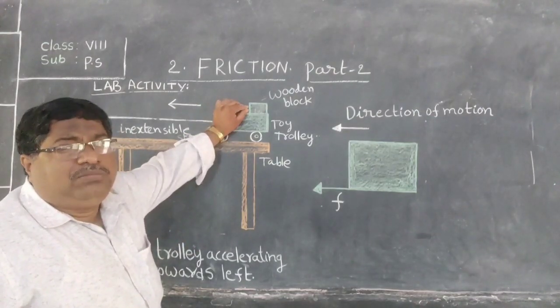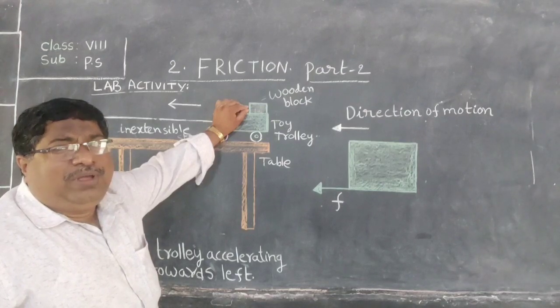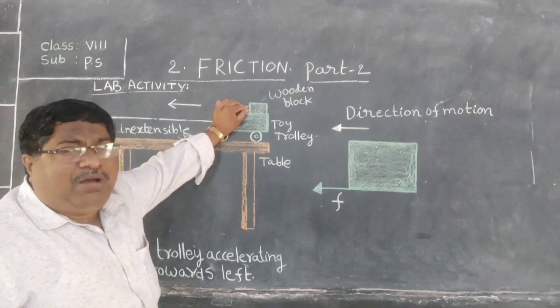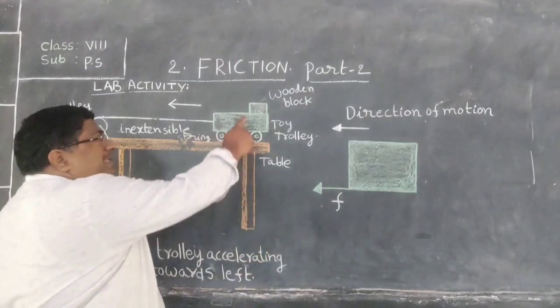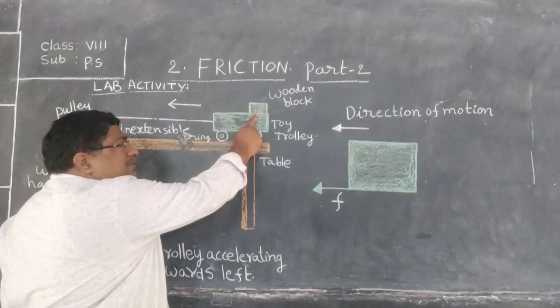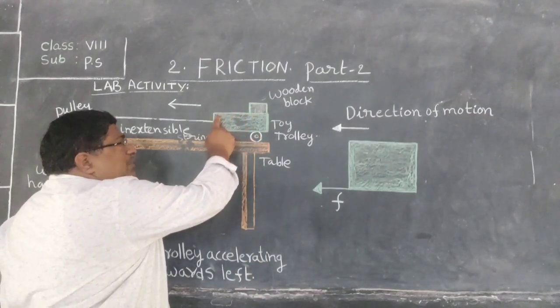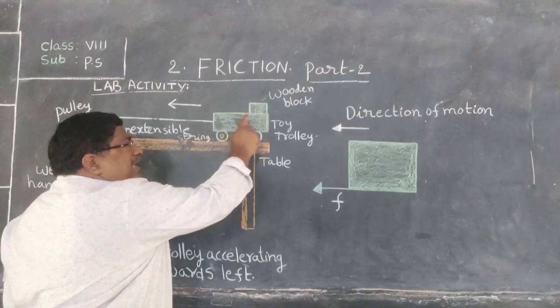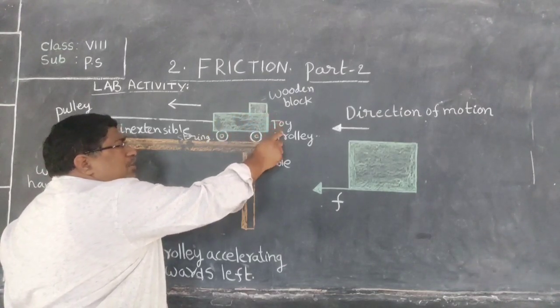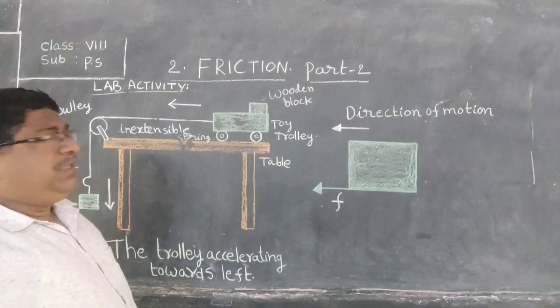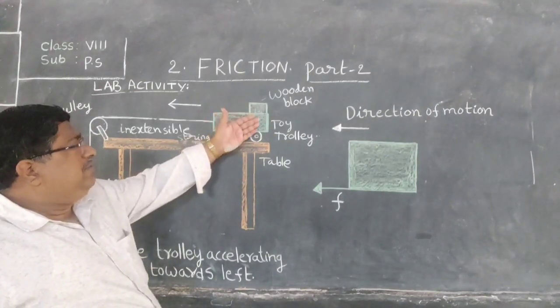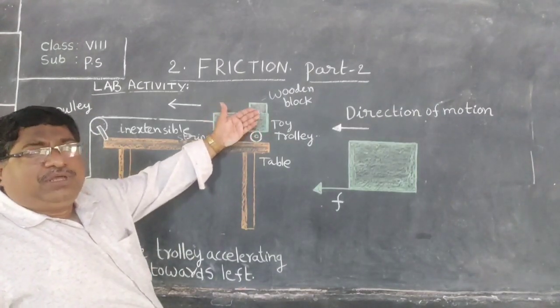Now you focus on the wooden block. The wooden block is at rest with respect to the surface of the toy trolley, because this wooden block is on the toy trolley.